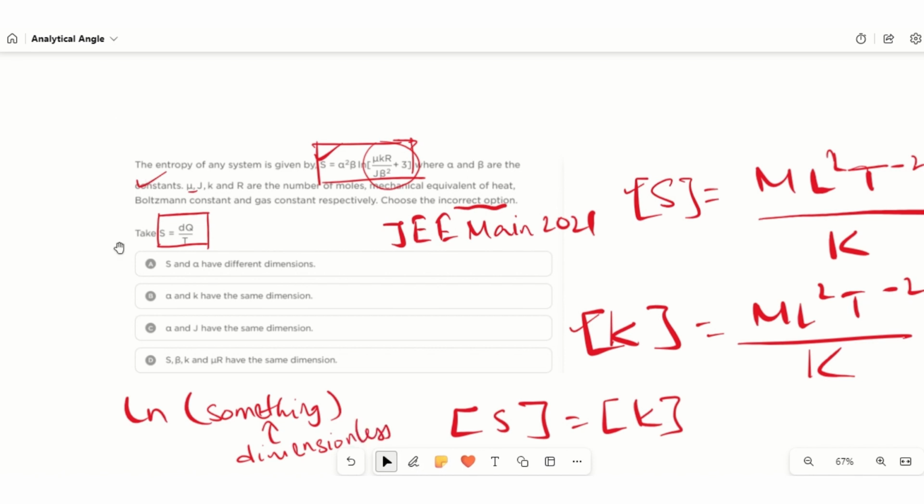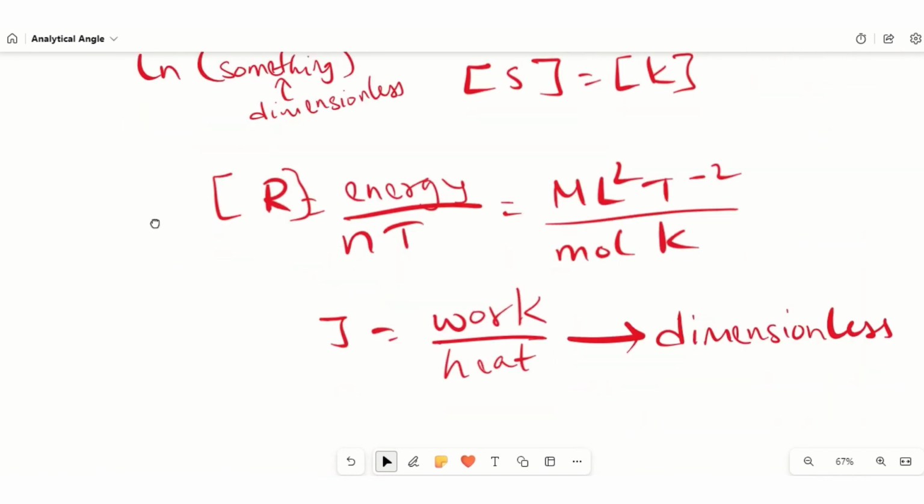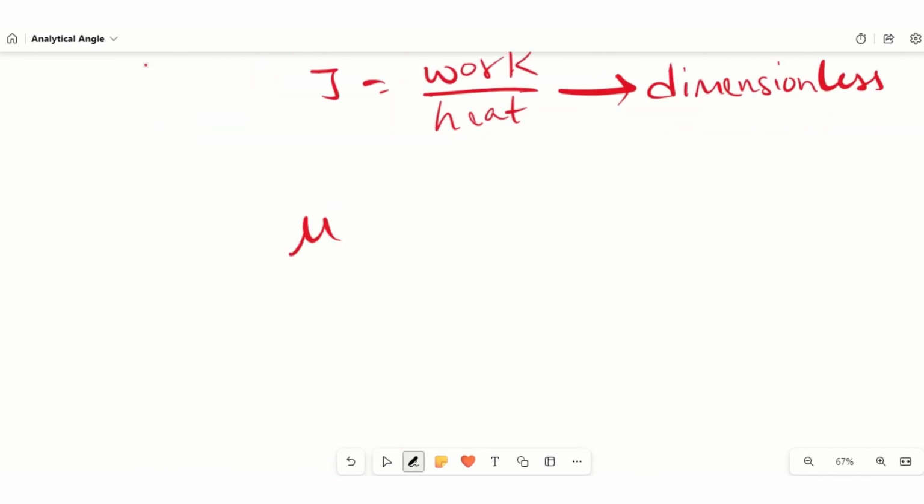So here mu kr by j beta square, this one is dimensionless. So we can write that the dimension of mu kr will equal the dimension of j beta square.